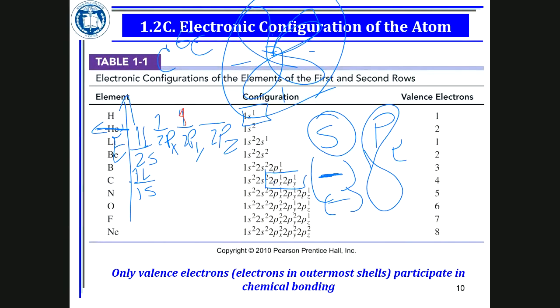It's like when you step into a bus and you see the seats are double seats next to each other, and then you have different rows. If the first row has only 2 seats, that's like a 1s occupying 2 electrons, two people are going to sit there.